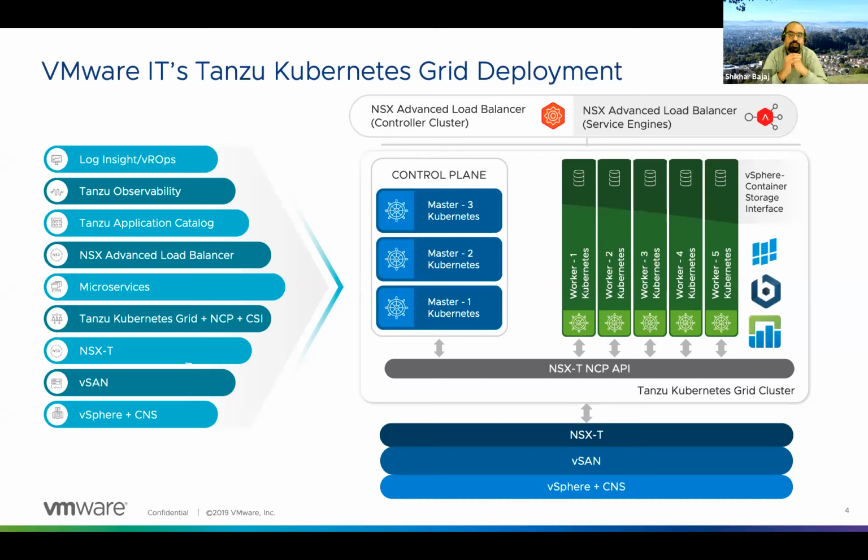We want to make sure that no single point of failure takes down our entire instance. And finally, we know that for Kubernetes, etcd is the heartbeat of the entire cluster, so we regularly snapshot the etcd database so that we're able to roll back and reinstall if anything happens to etcd.